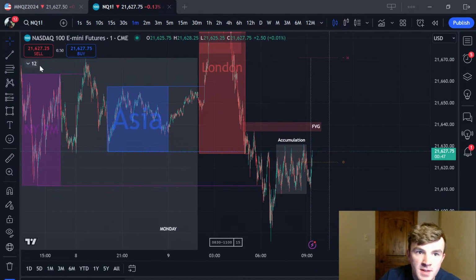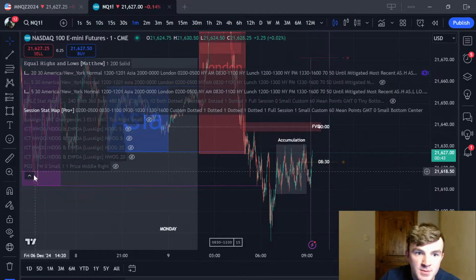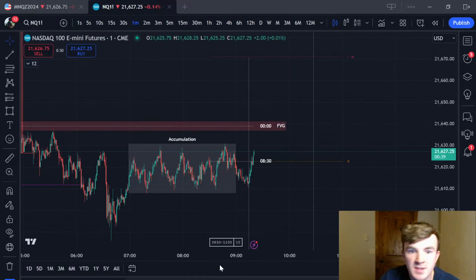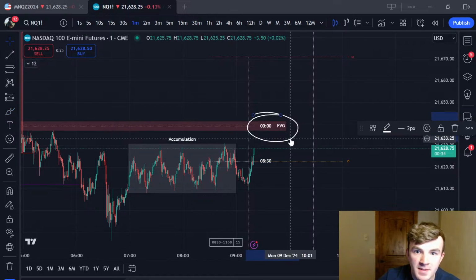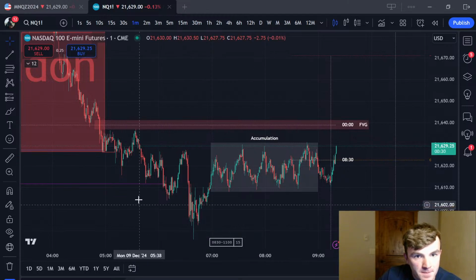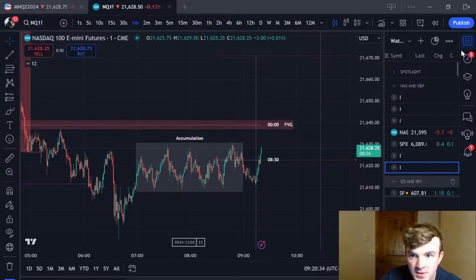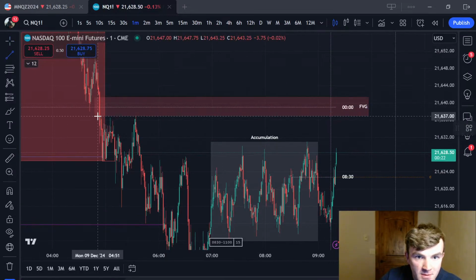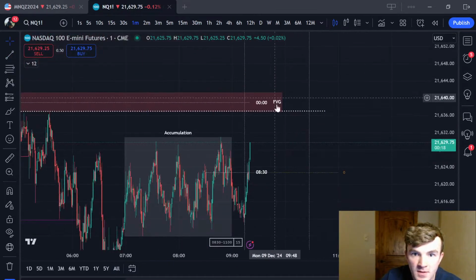But you'll note here that midnight overlaps with this fair value gap right here. So this makes this a pretty nice area for me, right? And as well, we have these equal highs here. So we could possibly come up, sweep these equal highs. I guess they're relatively equal, but still. Into this fair value gap.